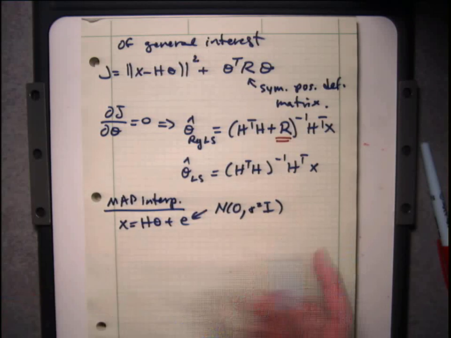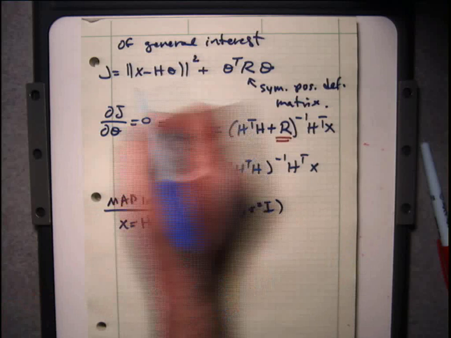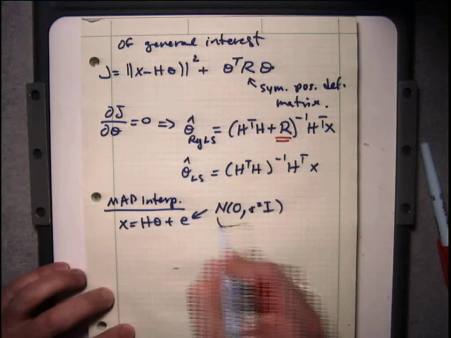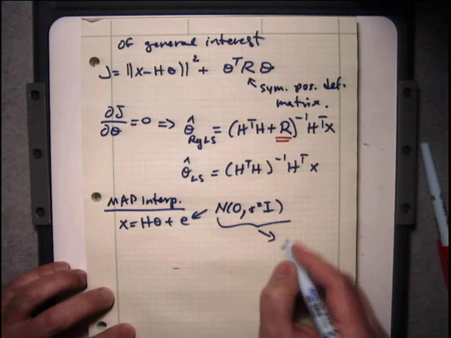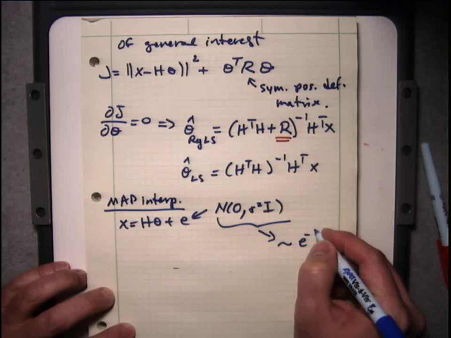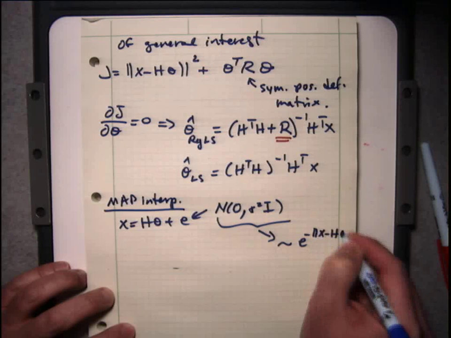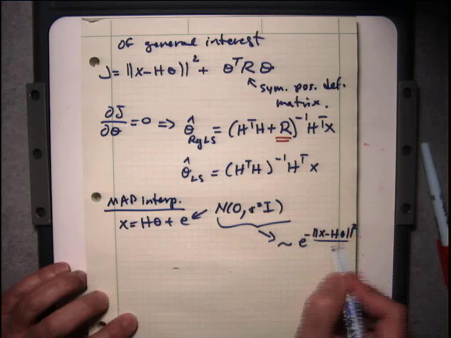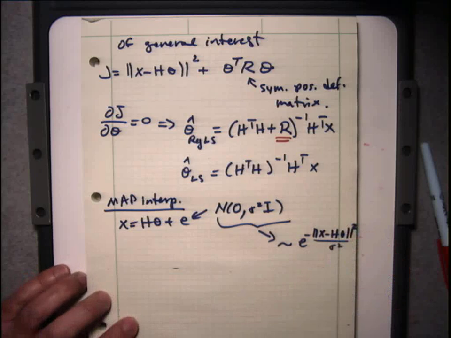You have e to the minus this term in the exponent, right? So this is basically proportional to e to the minus the norm of x minus h theta squared, with 2 sigma squared in the denominator.